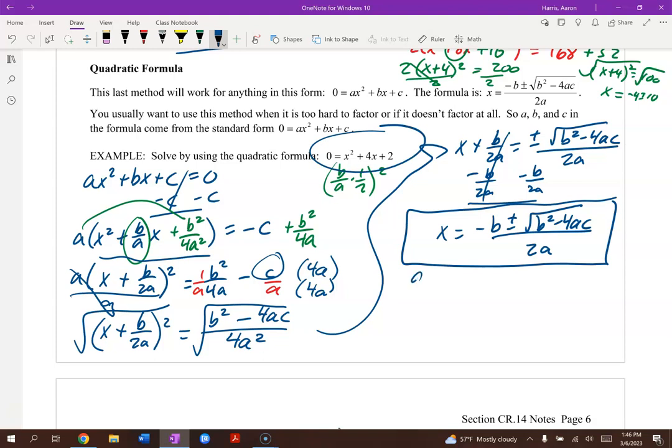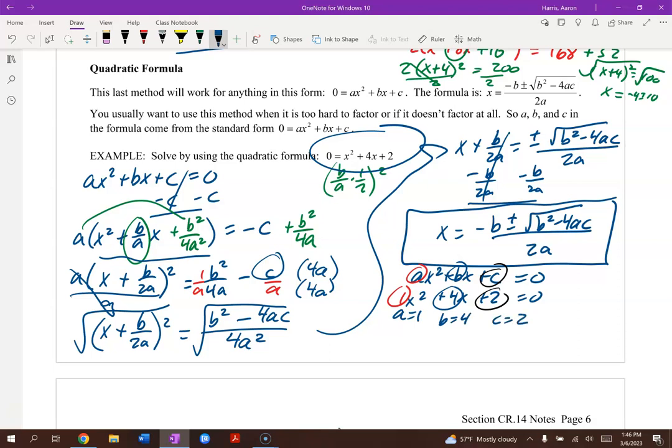Anytime you're of the form ax squared plus bx plus c equals 0, this is x squared plus 4x plus 2 equals 0. Notice a is 1, b is positive 4, and c is 2.